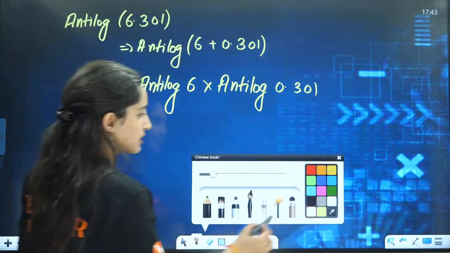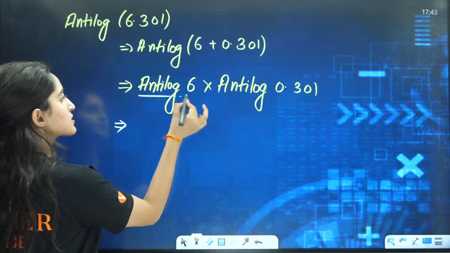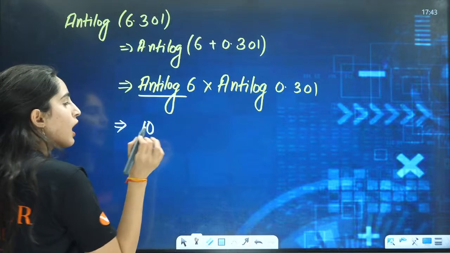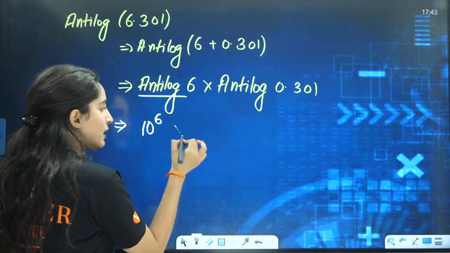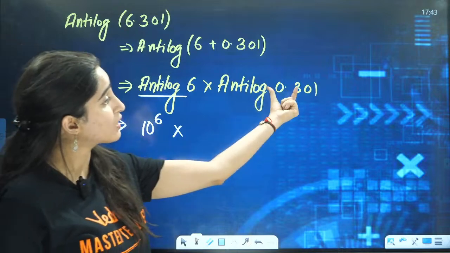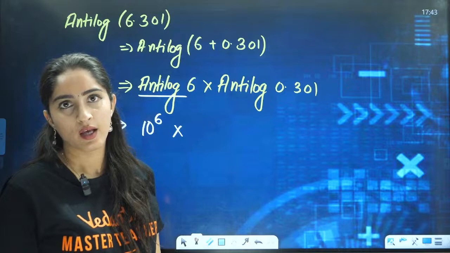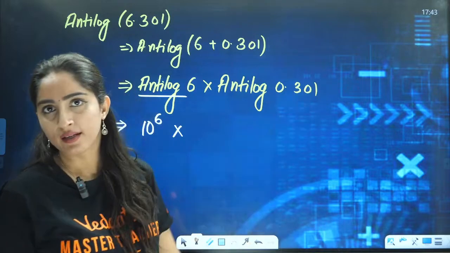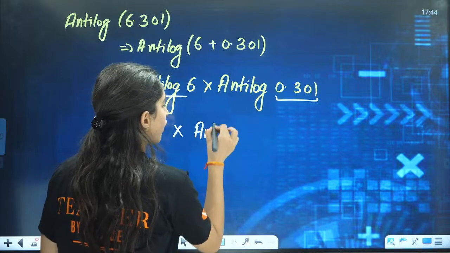Now, what is antilog of 6? I already told you, when you have a simple digit, just take 10 raised to power that value, multiplied by antilog of 0.301. You have to see what is the log value of this. This is a log of 2.